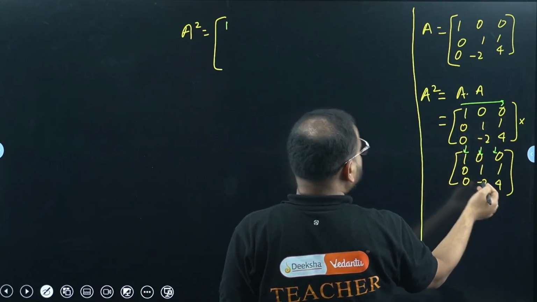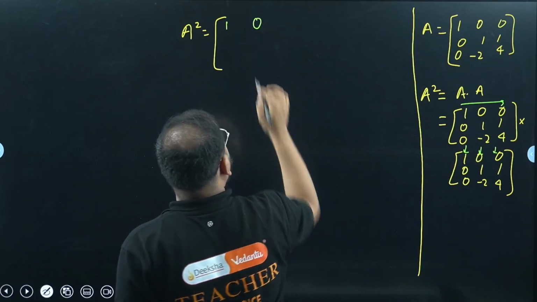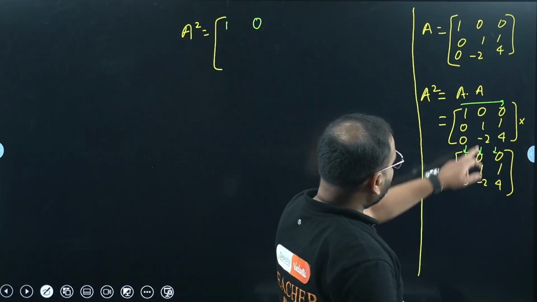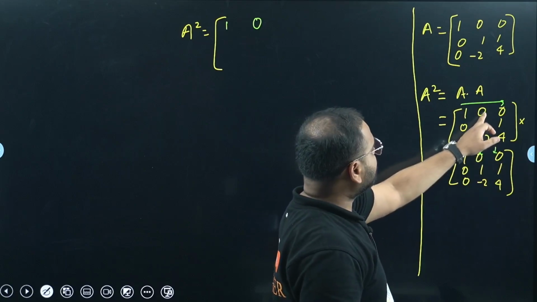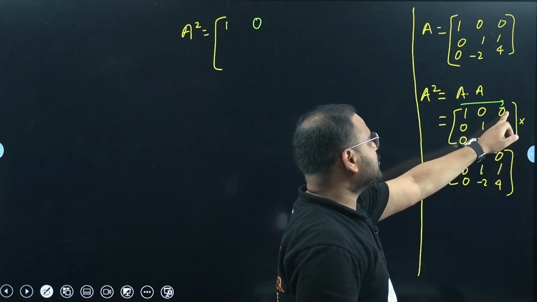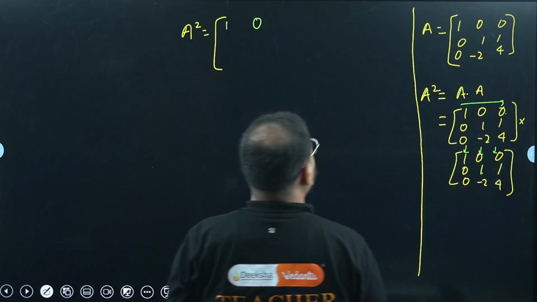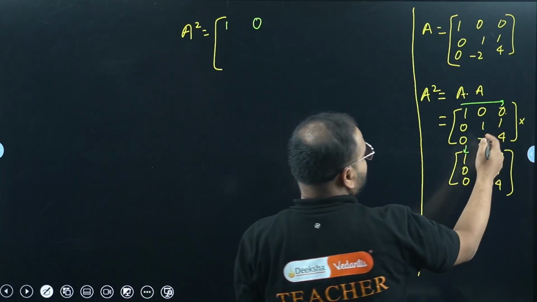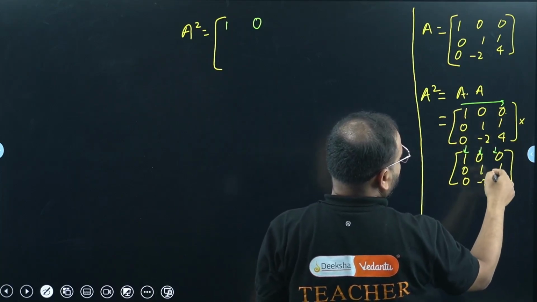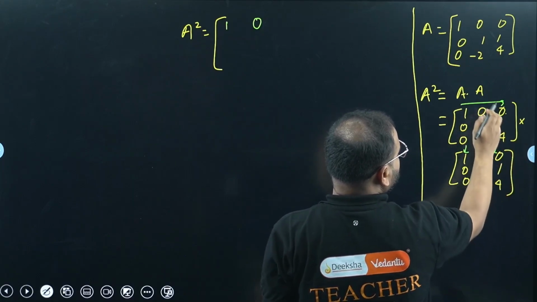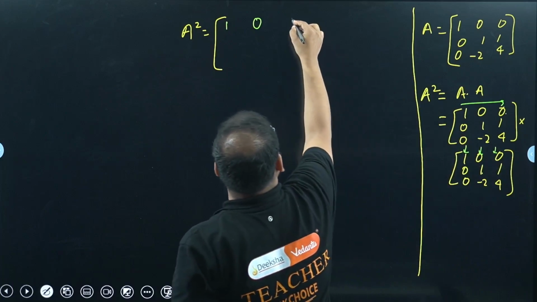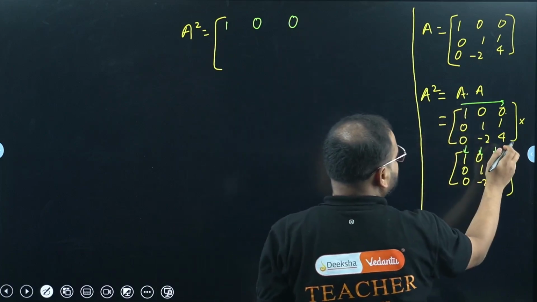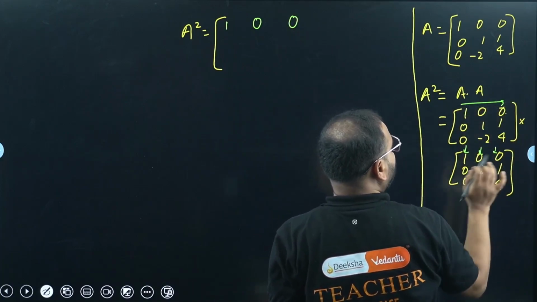And 0 with minus 2, so again 0. So everything is 0. Now for the third element, first row, last column: 1 with 0, 0. 0 with 1, 0. And 0 with 4, 0. So answer is 0.